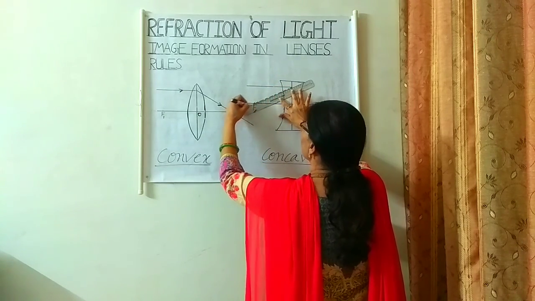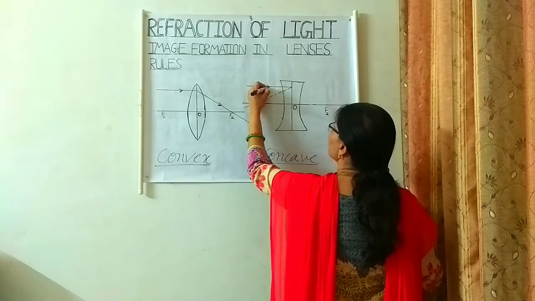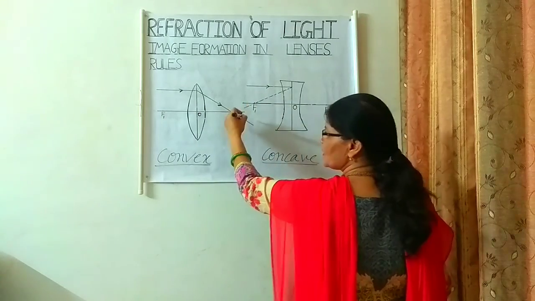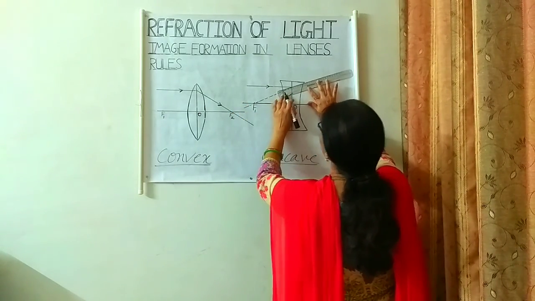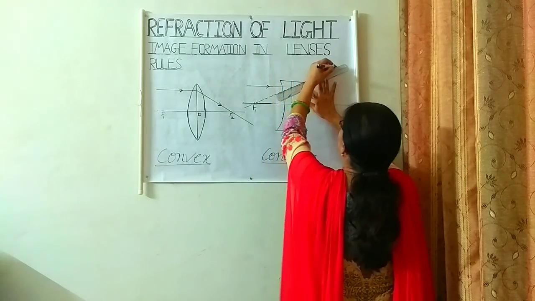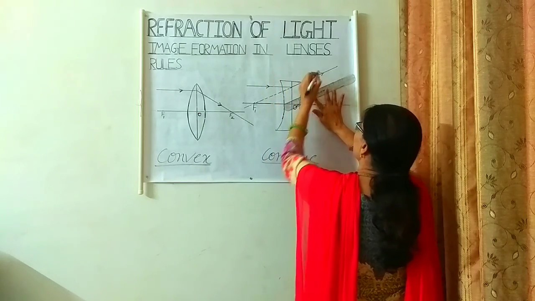This is our incident ray, when it comes parallel to the principal axis, then it will pass through the principal focus, and we have to draw a dotted line on this side, and it will be extended on this side. This is our refracted ray.